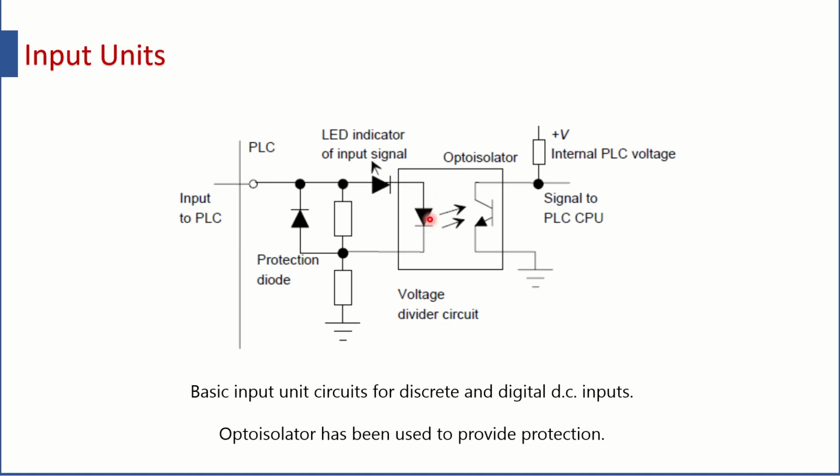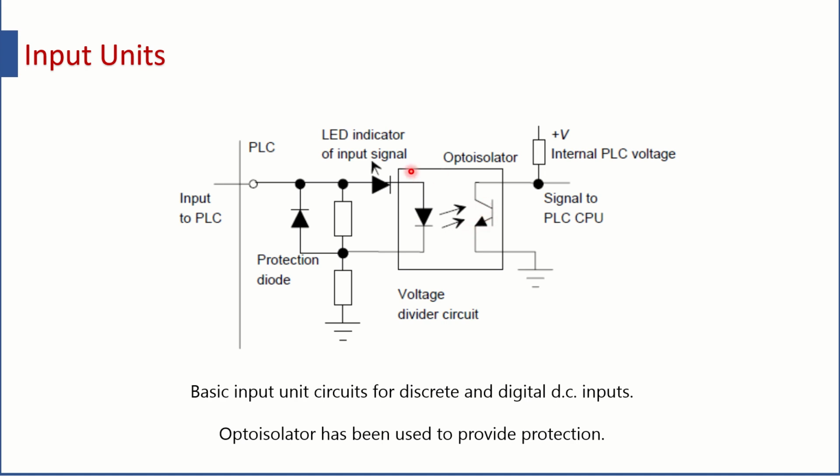Whenever this LED is activated, that light falls on a phototransistor. Whenever light falls on the base, the phototransistor starts conducting. So whenever it starts conducting, there is a change in the level of the signal that is fed to the CPU.